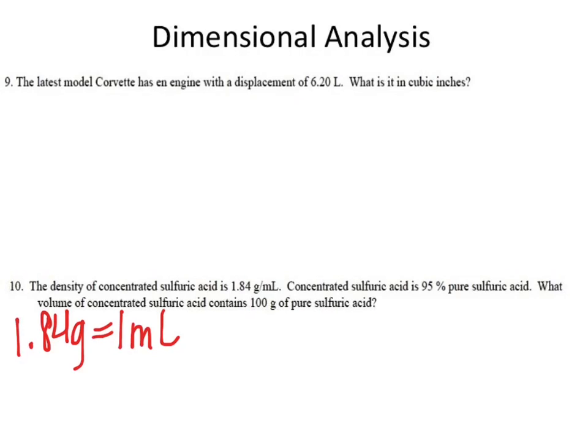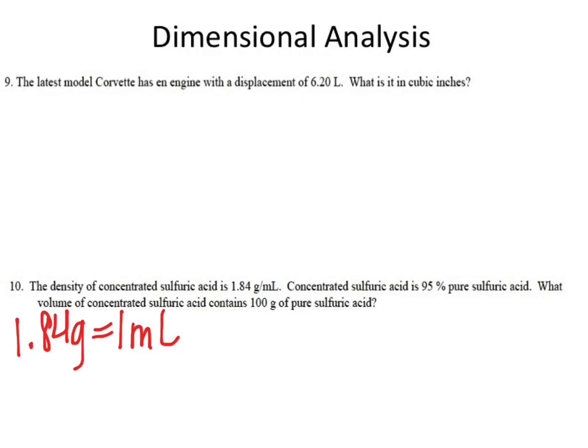Concentrated sulfuric acid is 95% pure. So what is the volume of concentrated sulfuric acid if it contains 100 grams? So we need to know how much of it is actually sulfuric acid.